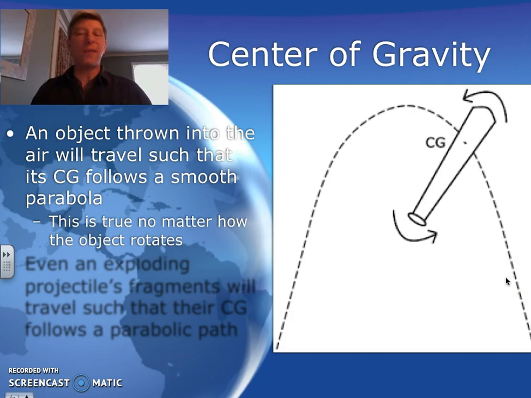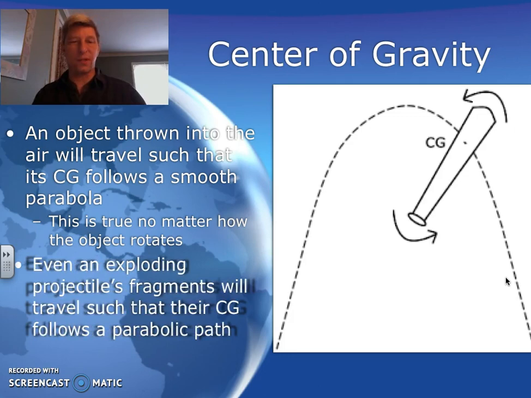And this is true no matter how fast it rotates. Have you ever taken a baseball bat and flipped it into the air and had it spin around and land on the ground? If you watch it very carefully, you can see that it is spinning about a very specific point, and that point is the center of gravity.